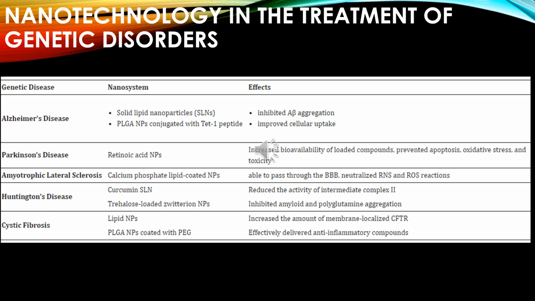Here lipid nanoparticles and PLGA nanoparticles coated with PEG are used. This increases the amount of membrane localized CFTR as well as effectively delivers anti-inflammatory compounds. This is how the nano system works, efficiently crossing the blood-brain barrier and actively targeting the site responsible for the particular disease.